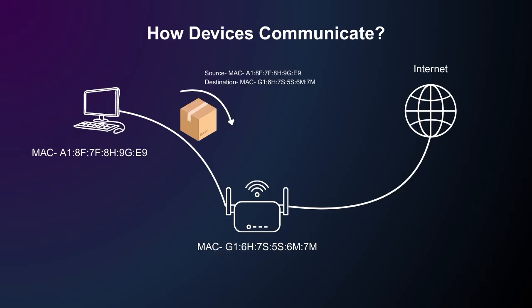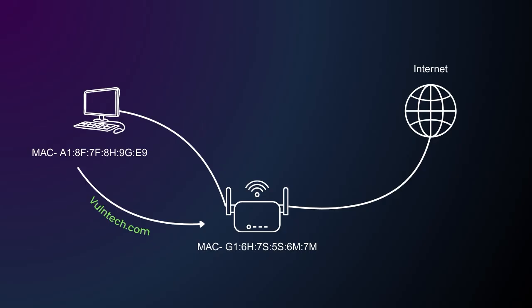Suppose your request is just like this brown package, and it is generated from your computer, that is the source of this request. So it has a source MAC address that is of your own computer, and then it has a destination MAC address that is of your home Wi-Fi. Then it transfers the request to the internet and responds you back. Let's see how it actually works. So suppose you want to go to worldtech.com.